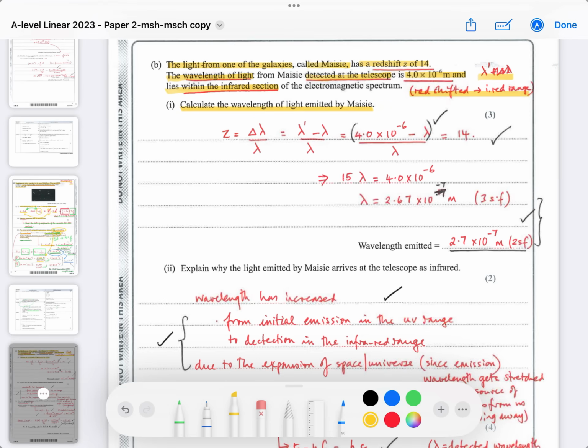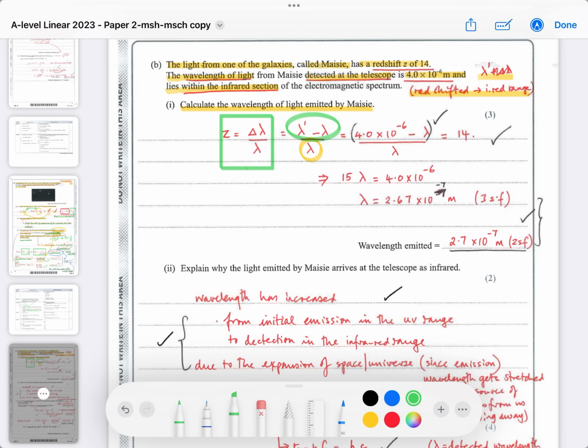So we want to find the original emission, which is lambda, the bottom of this fraction. So we know the equation that they give you is delta lambda. Now delta lambda means put the observed wavelength and take away the wavelength if it wasn't redshifted.